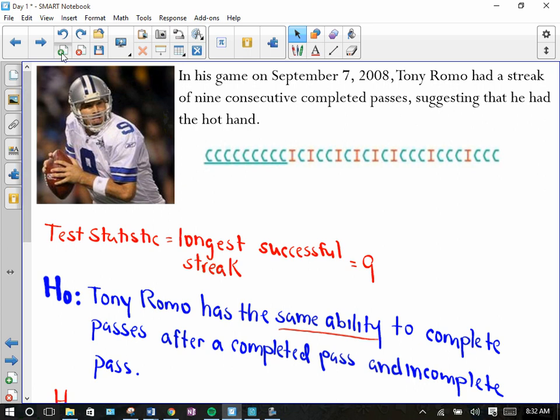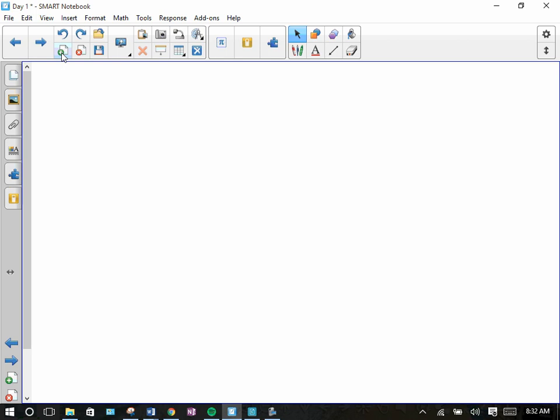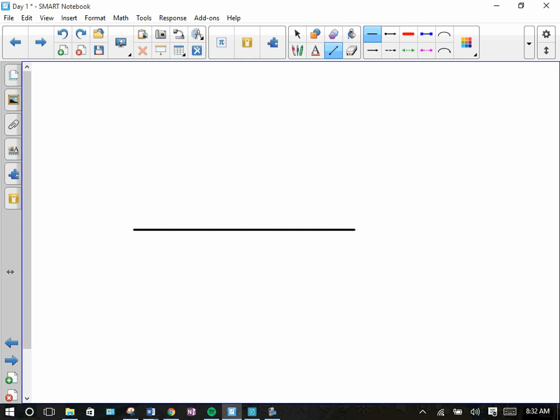So, what would we do here? Well, what we would do at this point, and I want you guys to understand this, is in order to draw a conclusion, we need a dot plot, right? So, first thing here, we're going to create a dot plot of our longest streaks.